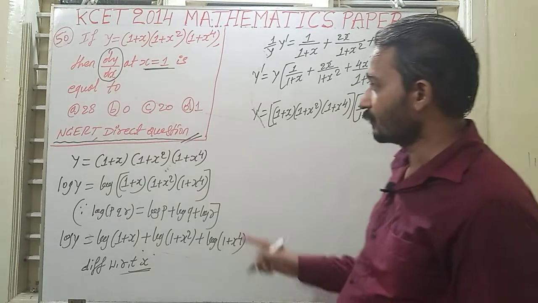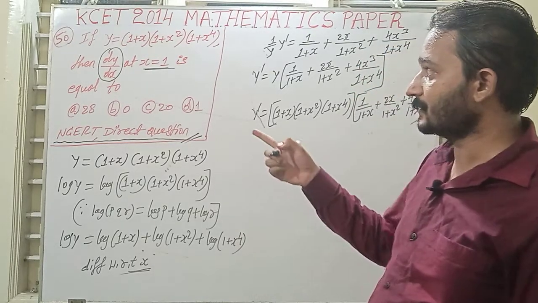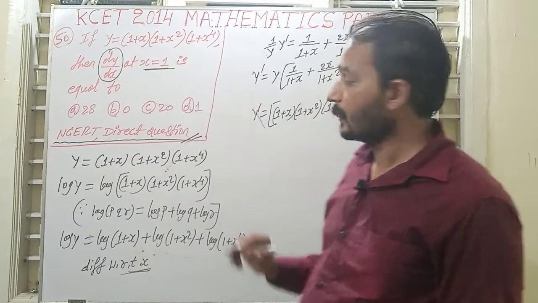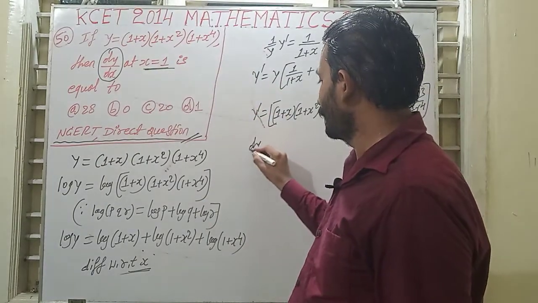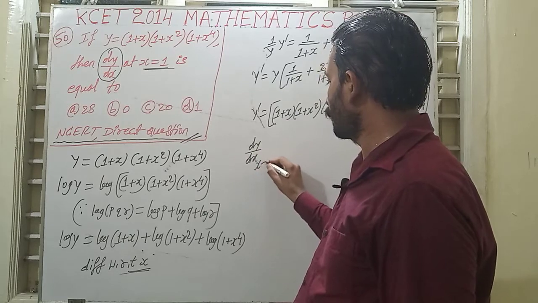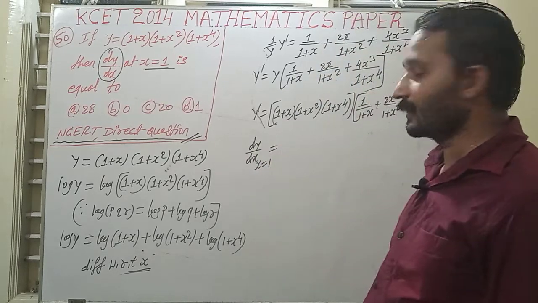So now we have to find y dash, nothing but dy by dx at x is equal to 1. Substitute 1 in the place of x.